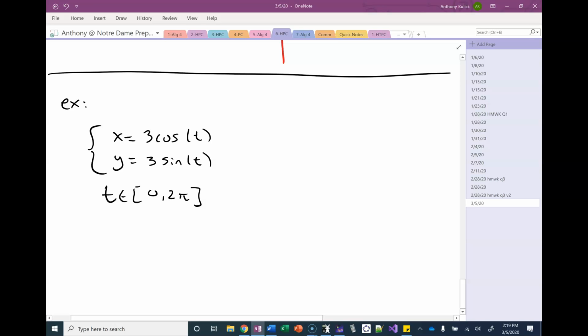We have these sines and cosines. Sure. Why is that an issue? Well, you can take the inverse cosine of both sides to get t by itself, but what's the issue with doing that?